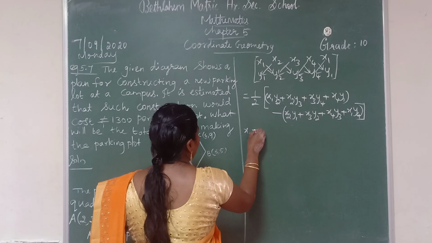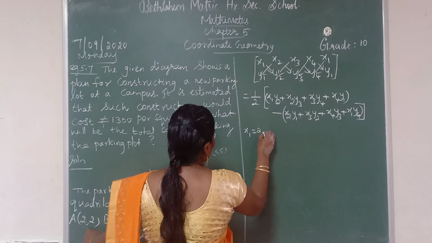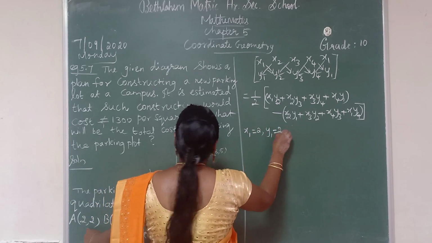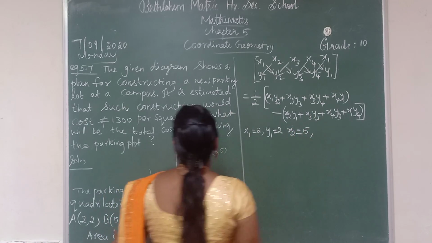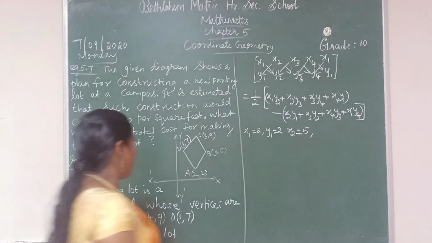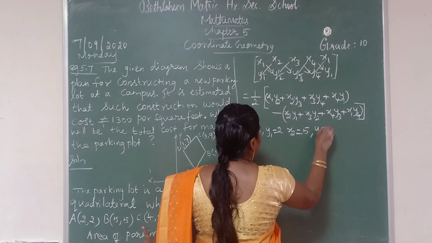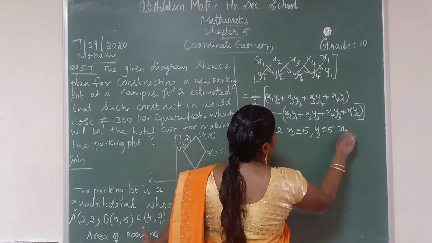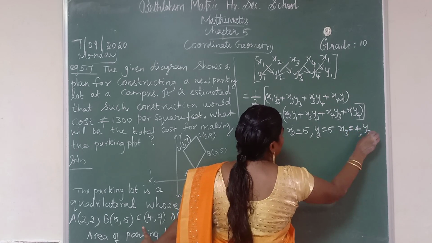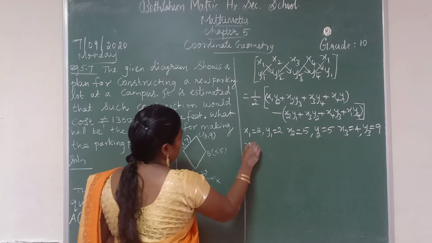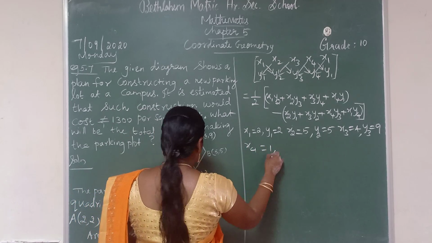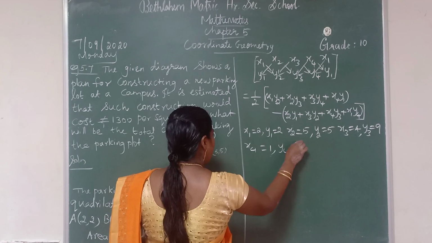Where x1 is equal to 2, y1 is equal to 2, as well as x2 is equal to 5, y2 is equal to 5, x3 is equal to 4, y3 is equal to 9, x4 is equal to 1, y4 is equal to 7.